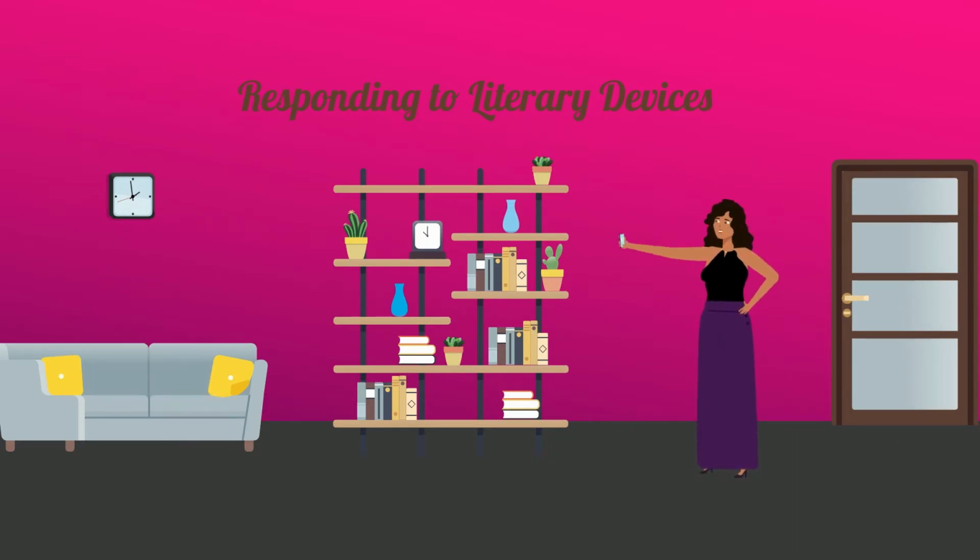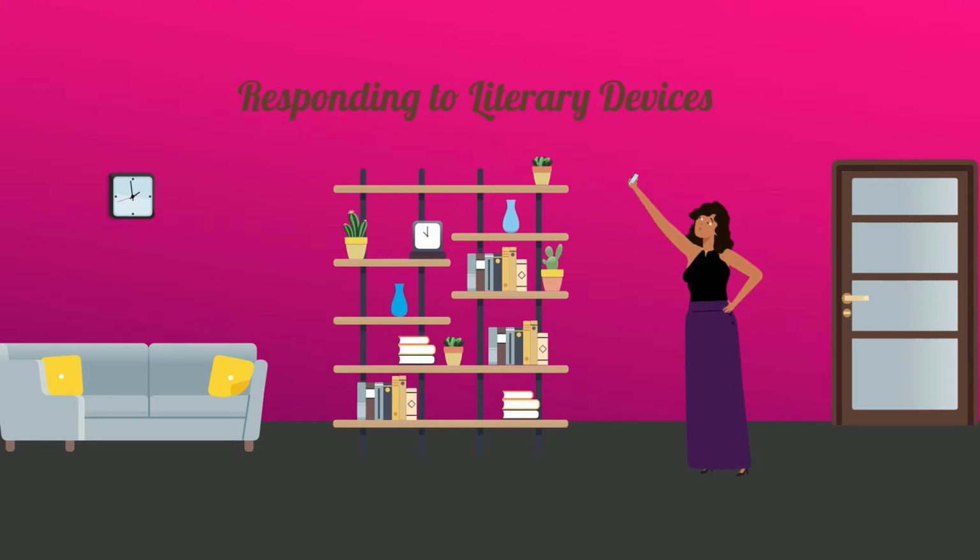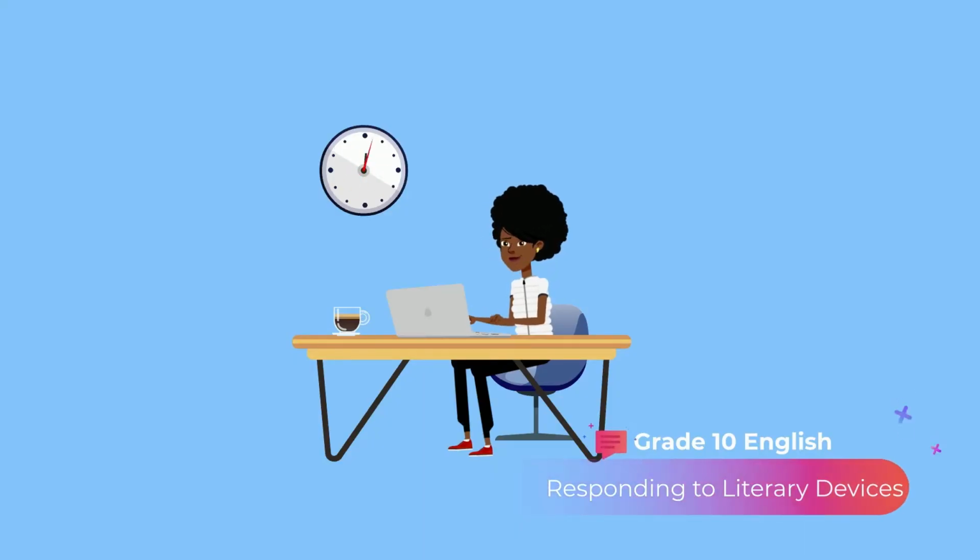In the same way you enhance your appearance when you are going somewhere special, and each part of your outfit has a special purpose, writers use literary devices to enhance their writing, and each device has a special purpose or effect.